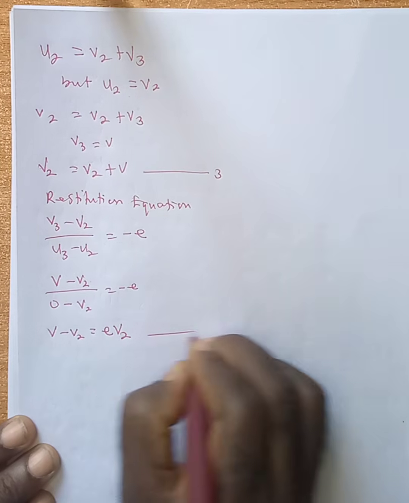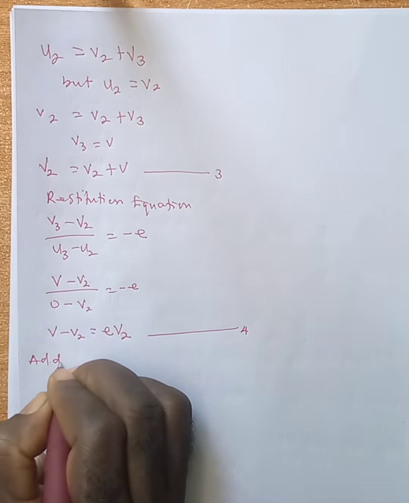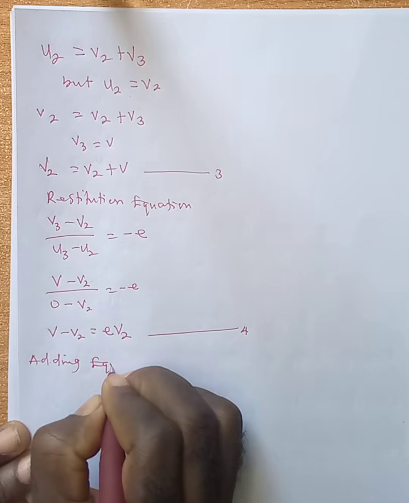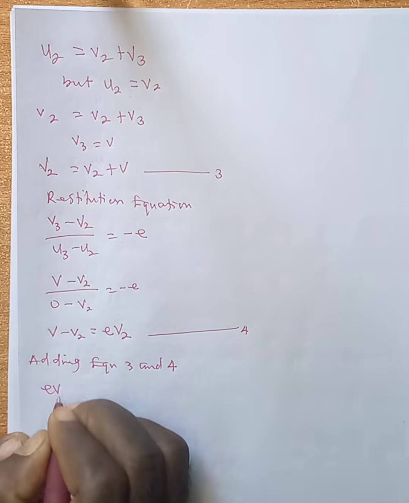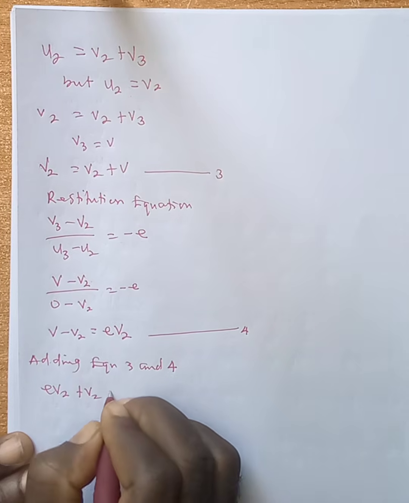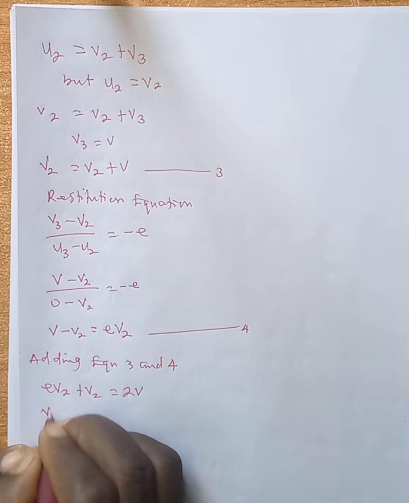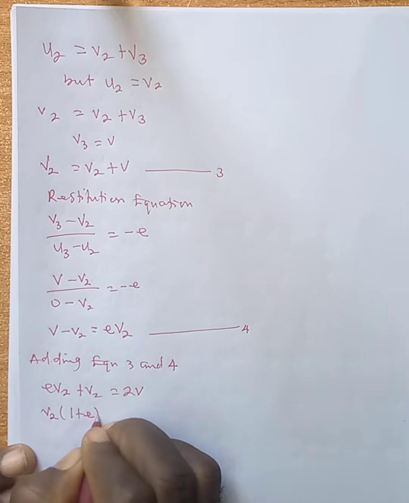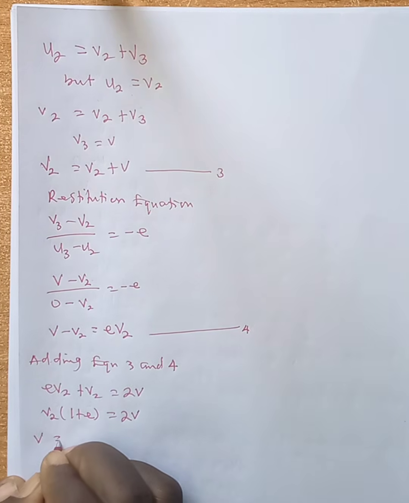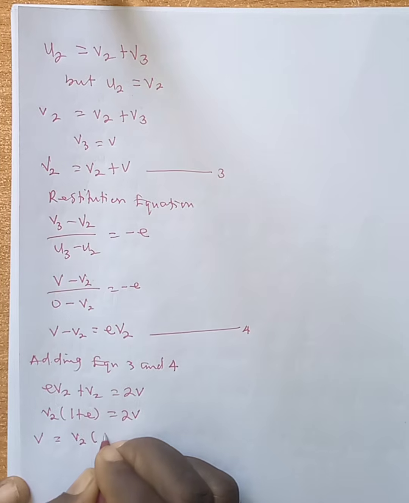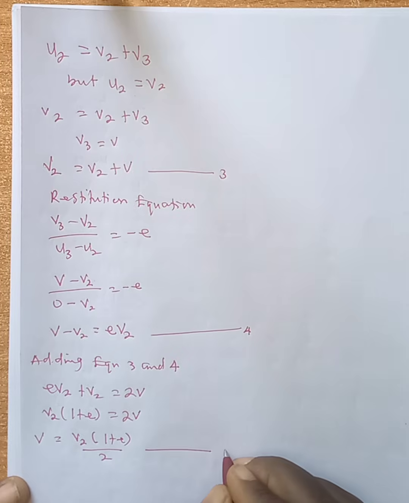Then let's call this one equation 4. Then from here, let us add equations 3 and 4, we have ev2 plus v2 is equal to 2v. Then from here, you have v2 into 1 plus e is equal to 2v. Then we have v is equal to v2 into 1 plus e over 2. Let's call this one equation 5.